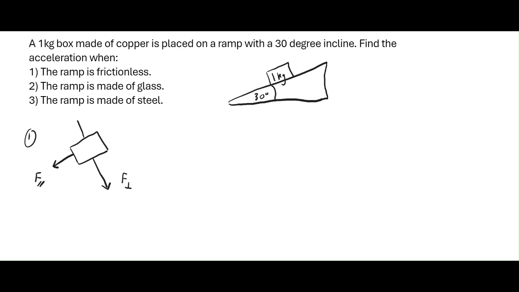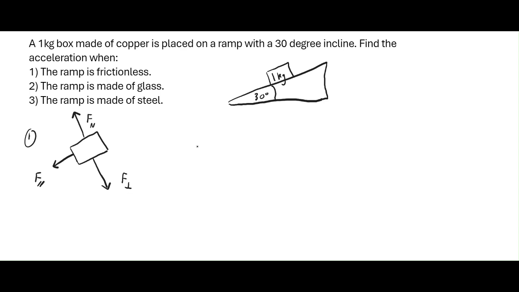So it must be completely balanced out by that ramp pushing back out against the gravity. So this perpendicular force is completely canceled out by this normal force from the ramp. However, there's nothing stopping this force. It will cause the box to accelerate down the ramp.